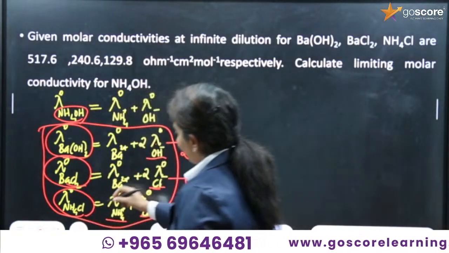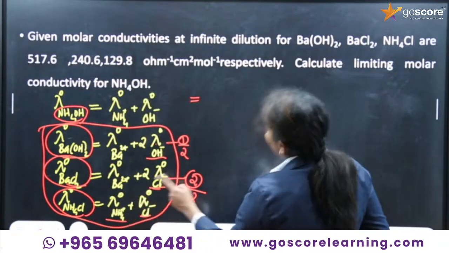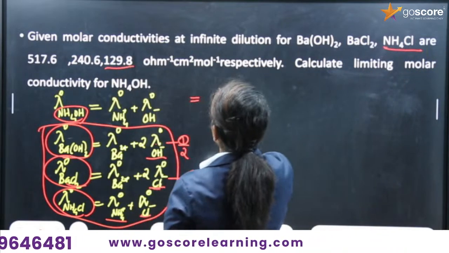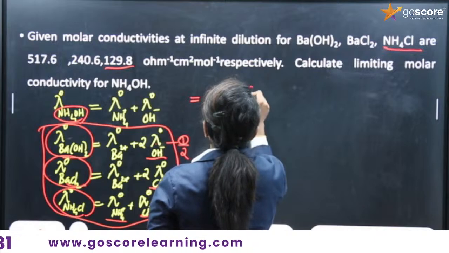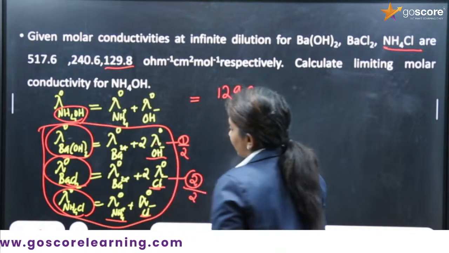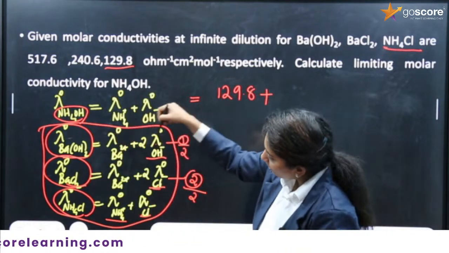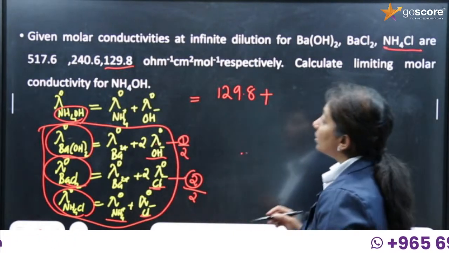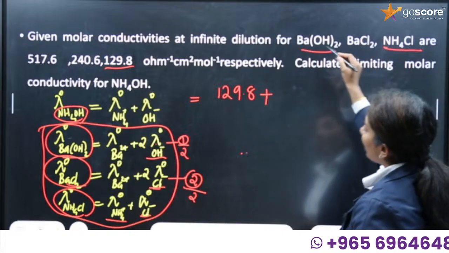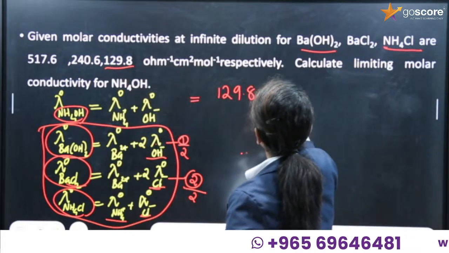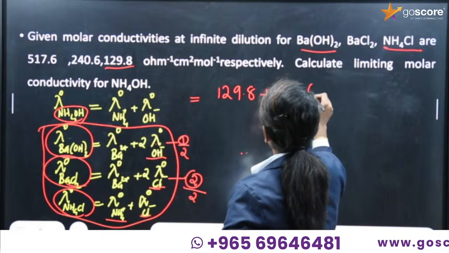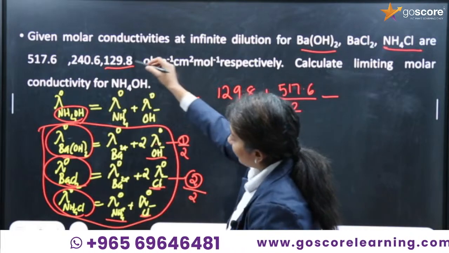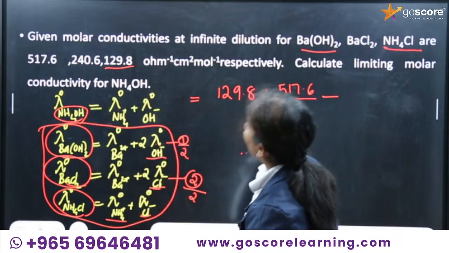See, first one, ammonium chloride. For ammonium chloride, the value is 129.8 plus, for barium hydroxide, 2 hydroxyl ions are there, so you have to divide by 2. So the barium hydroxide value is 517.6 divided by 2 minus, what's the value for barium chloride?